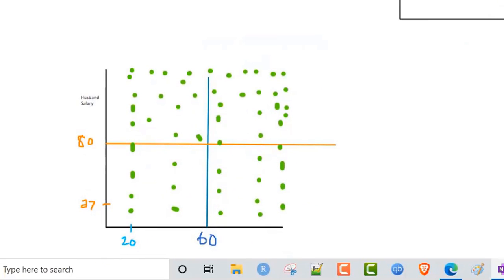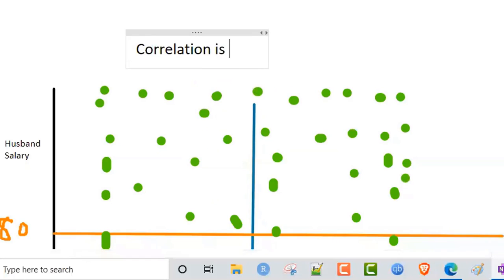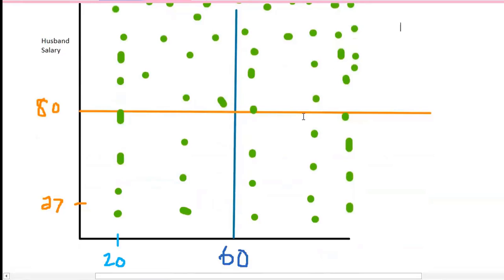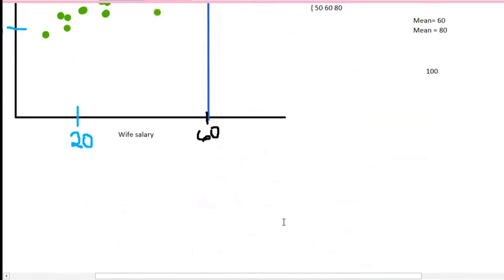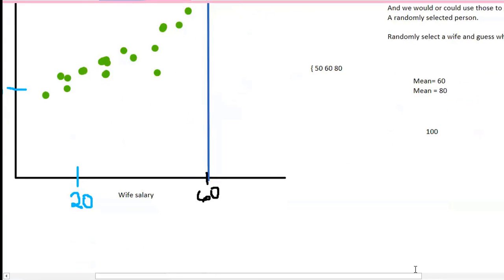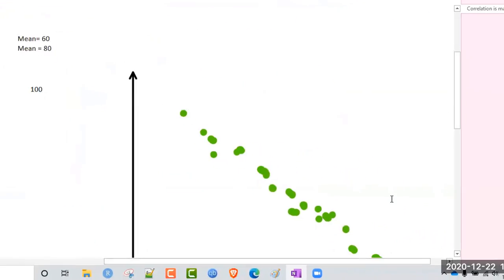We actually say here the correlation is 0, or basically 0 for this picture. The variables husband salary and wife salary are not related here. Here, we're going to say the correlation is 0.88. So that's very, very strong. And here, it's even stronger, really.